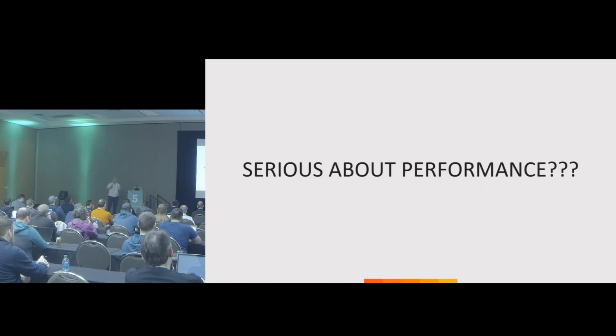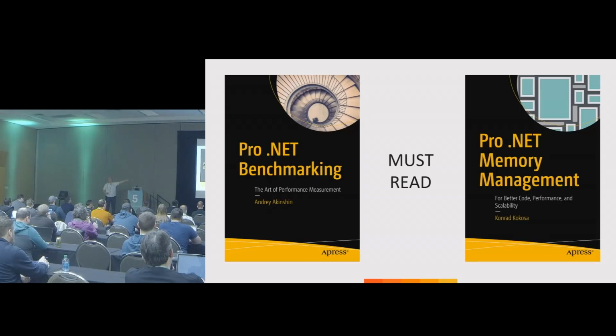So if you're serious about performance, my recommendation is get these 2 books. You don't need anything more than that. The first one is a really good book about the specifics of how to actually do benchmarking, because if you're measuring wrong, you are taking the wrong decisions, period.